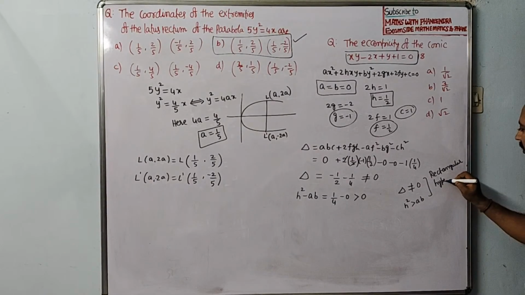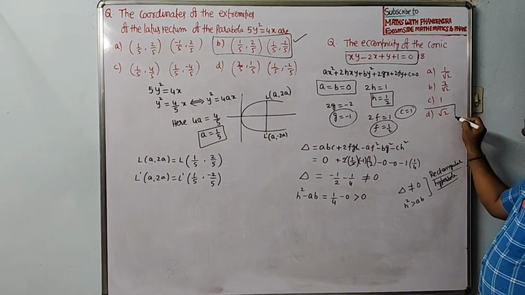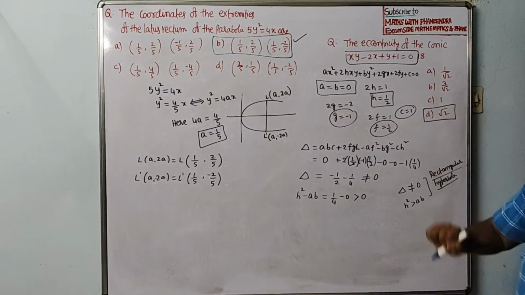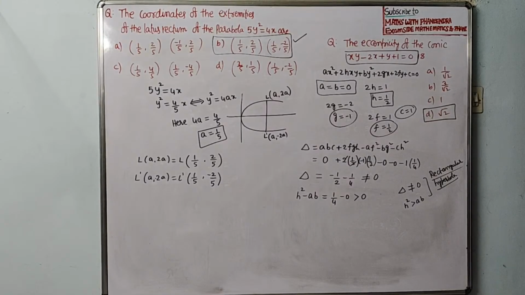Rectangular hyperbola, whose eccentricity is root 2. Okay dear students, I hope you understand. We'll move on to the other question.